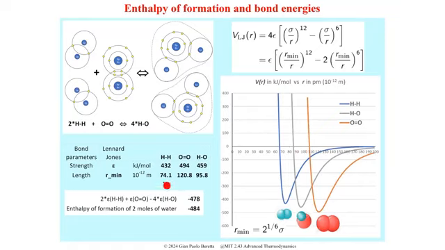And in fact, if you take the depth, so the strength of these potentials, so the epsilons for the Lennard-Jones for these bonds, and you do the simple counting of what's the difference between having 4 of these ones that are worth 459 as compared to 2 of these ones, the hydrogen, that are 432, and 1 oxygen, 495.